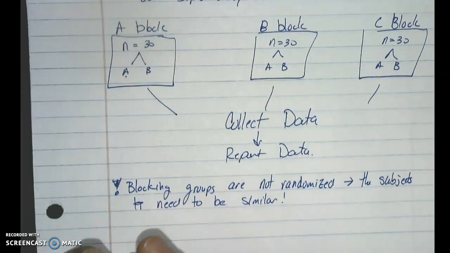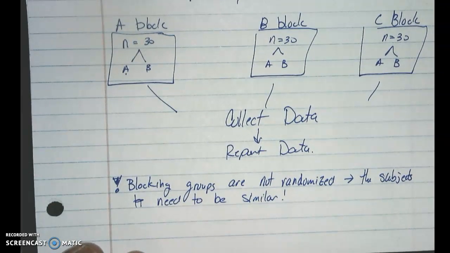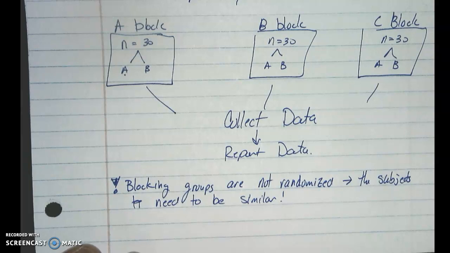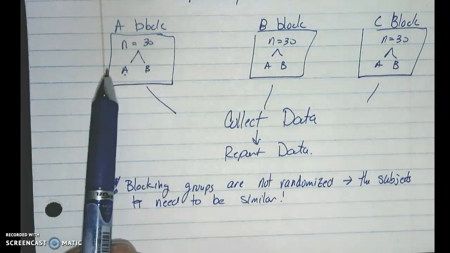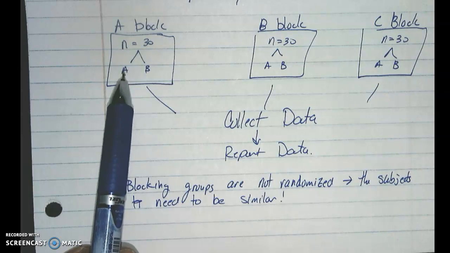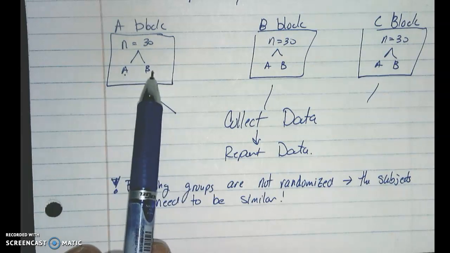If they're not similar, then you might as well just do stratified or a cluster. So then you break up into your blocks. That's how you do that experiment. Now, the cool thing is that one person will get the treatment, and this one will get the placebo.